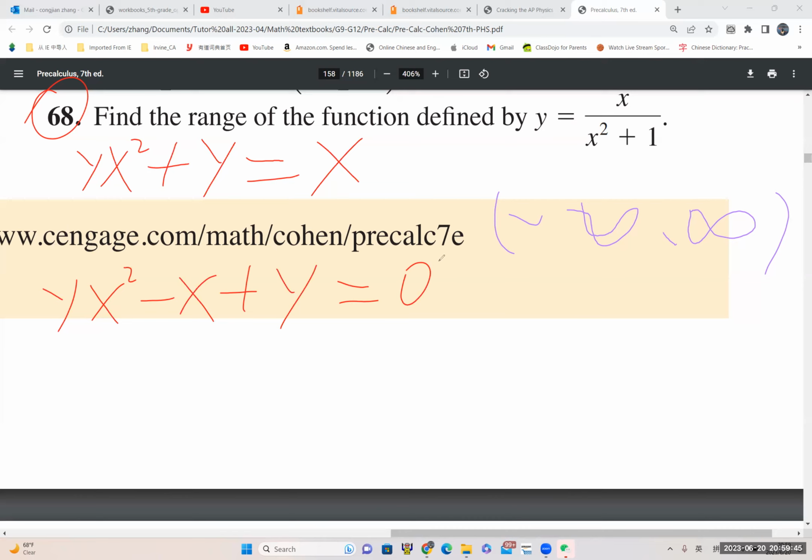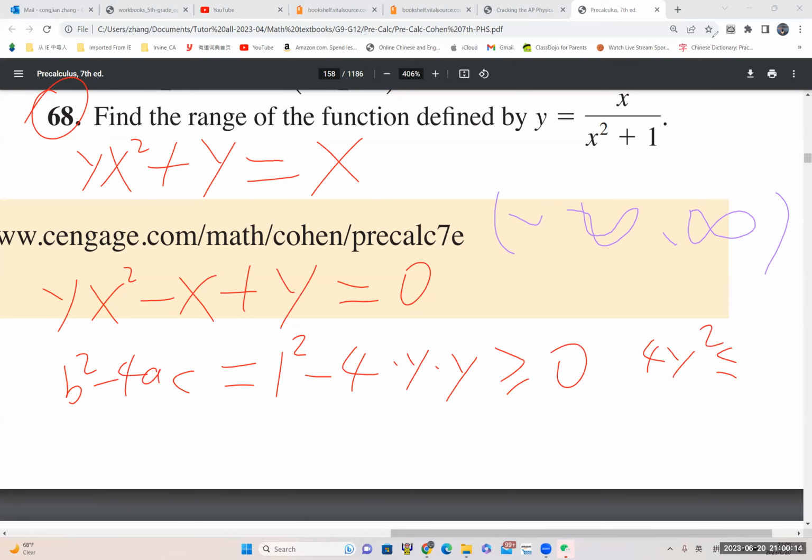Suppose yes, right? Then b squared minus 4ac should be, it's 1 squared minus 4, a is y, c also y, right? This should be greater than or equal to 0, right? That being said, 4y squared should be less than or equal to 1, right?